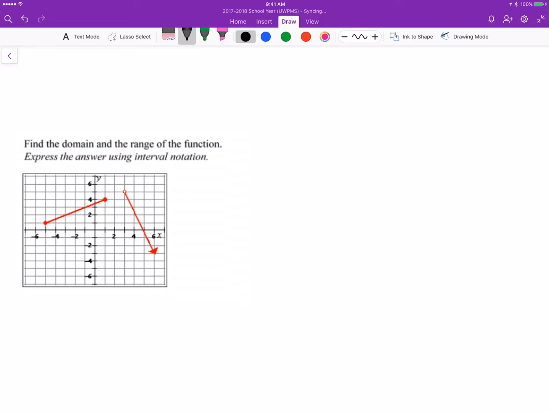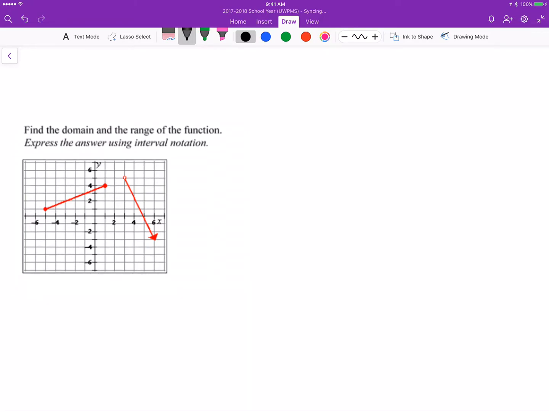Okay, now we have a combination of things. Let's start by looking at patterns. Close, close, open, continue. Okay, let's go ahead and write that down.